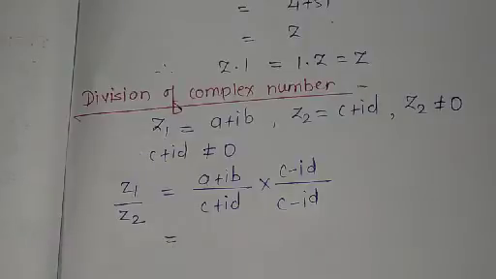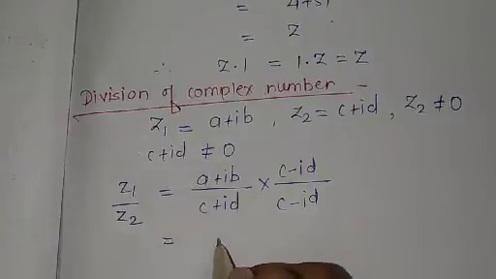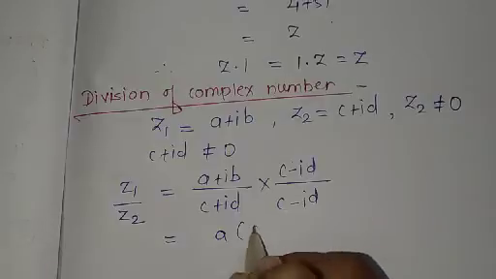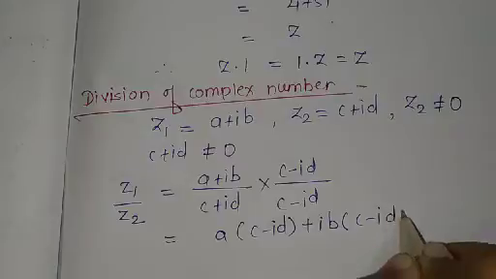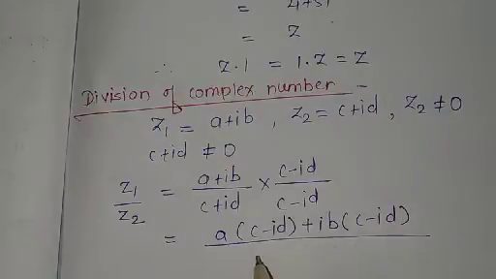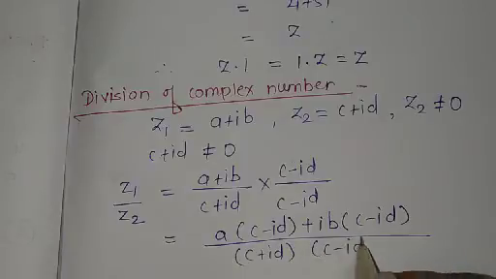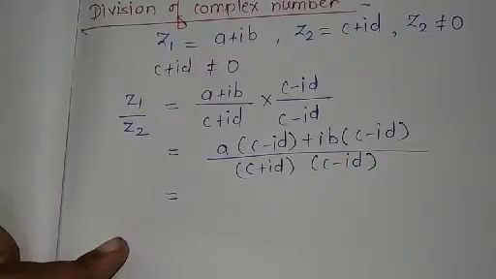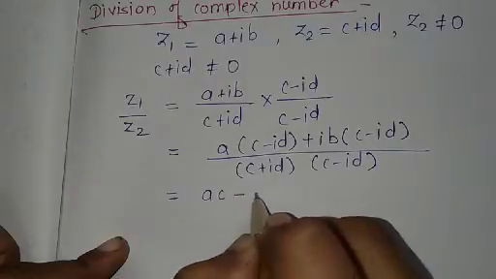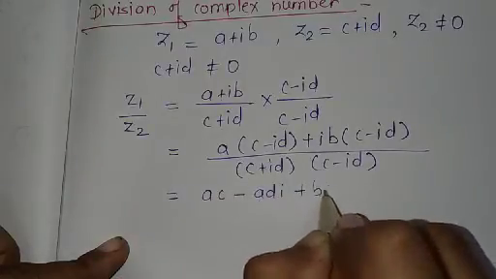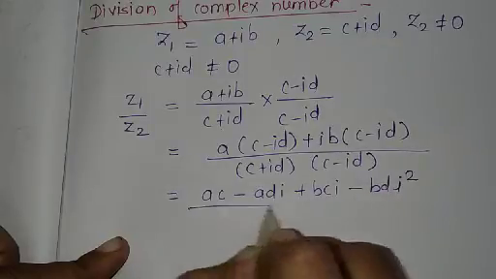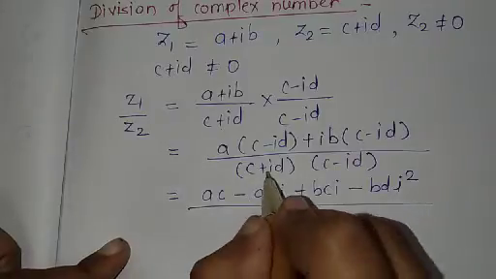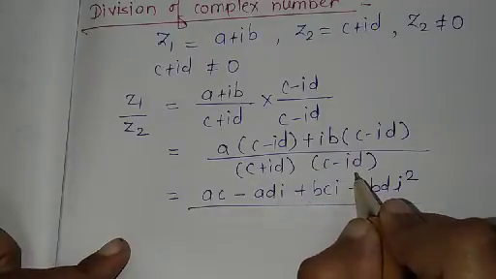So here we take simple multiplication, that is a into c minus id plus ib into c minus id upon c plus id into c minus id. Therefore we get ac minus adi plus bci minus bd iota square upon this c plus id and c minus id.